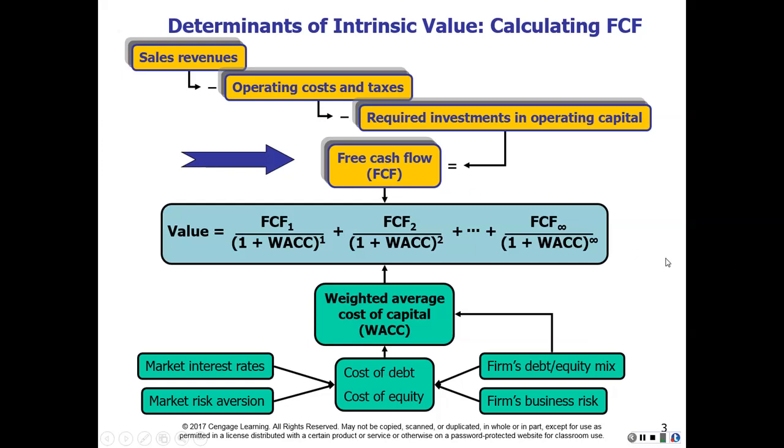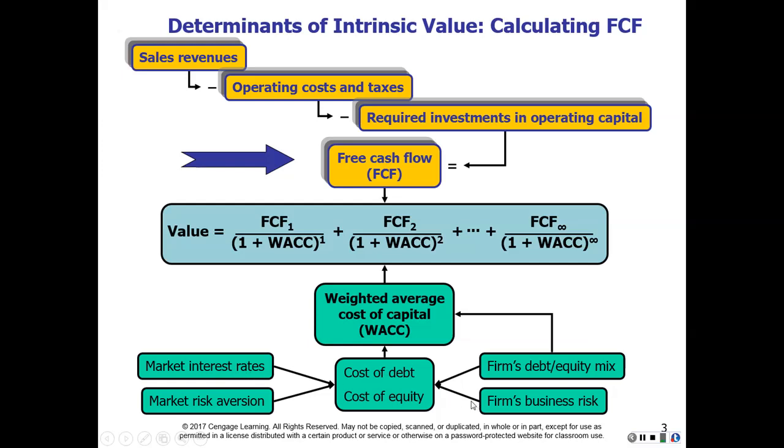Now, of course, where does that weighted average cost of capital come from? I've already mentioned we have a whole chapter on that, but it's going to be based on what we have to pay to raise funds. Interest rates when we borrow, right?